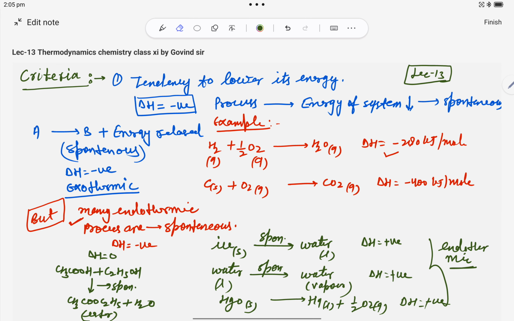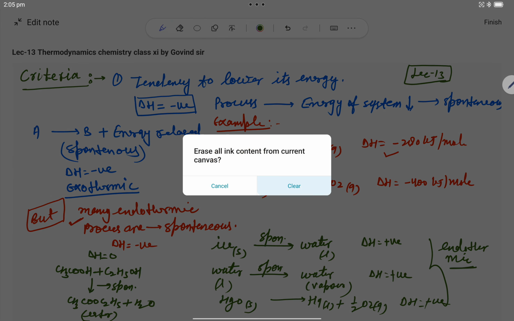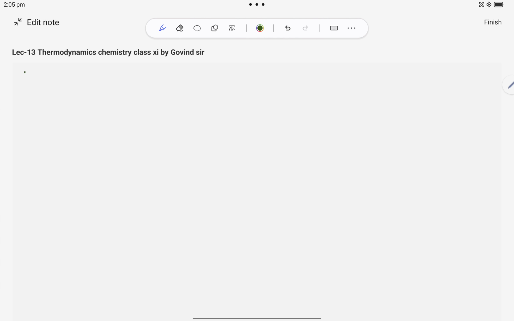Now the second criteria, the second point: the tendency to acquire maximum randomness.